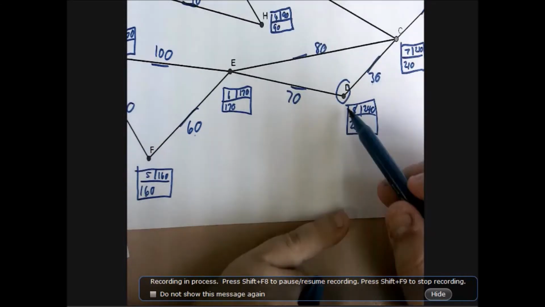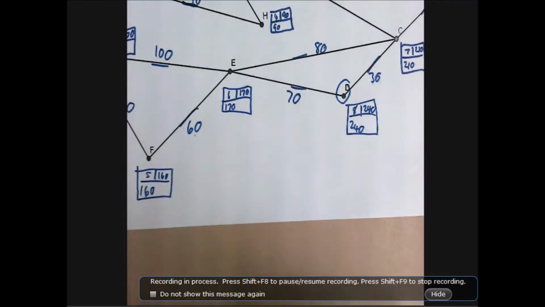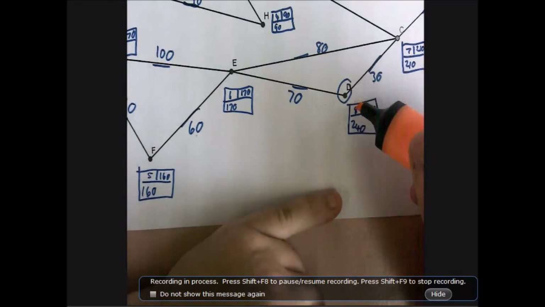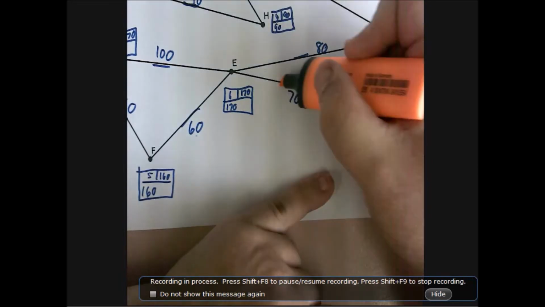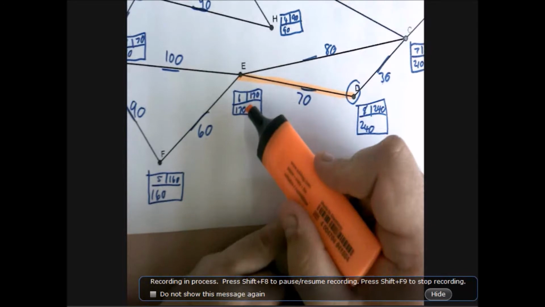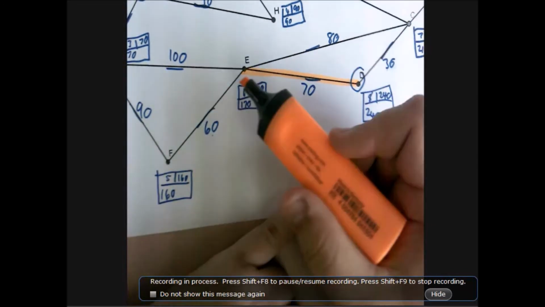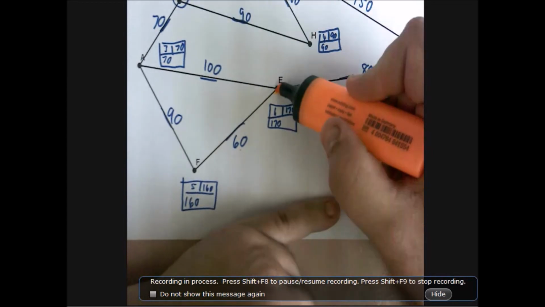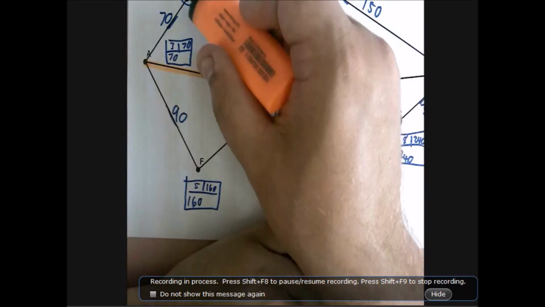There's two possible ways of getting here, but we can backtrack. 240 minus 70 is 170. 170 minus 60 is not 160, so we didn't go that way. 170 minus 100 is 70, so we came from A. 70 minus 70 is 0.